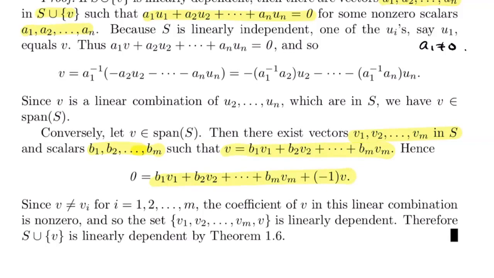And why is v not equal to v_i for all those values? Well, we said v is not in S, right? Those things all came from S. v is not in S, so it doesn't equal any of those things. So the coefficient of v in that linear combination isn't 0. So we've explicitly found a dependence, right? That's a non-trivial linear combination equaling 0. So that set is dependent by what we just proved.